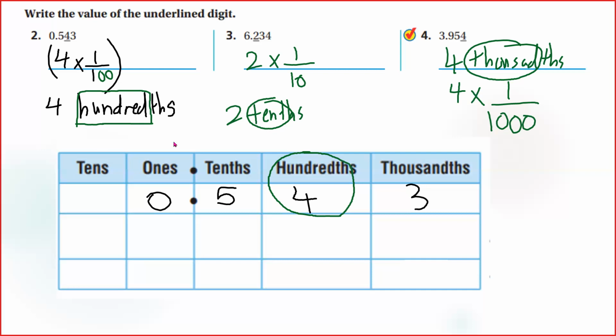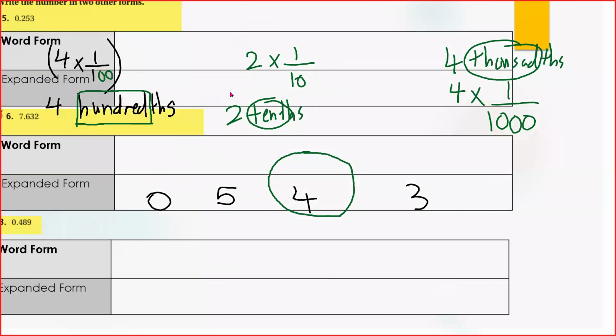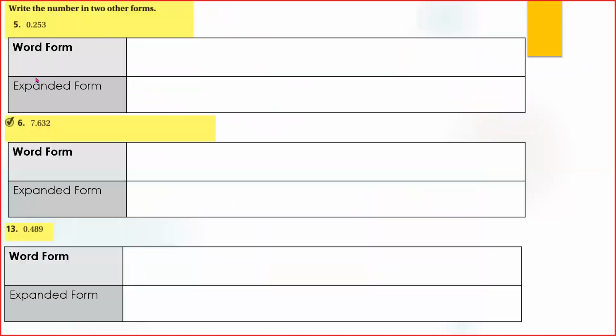By the way, now these two tables are not written. You only have the lines. You have to write on the lines. Okay. Now number 5. Who can tell me?